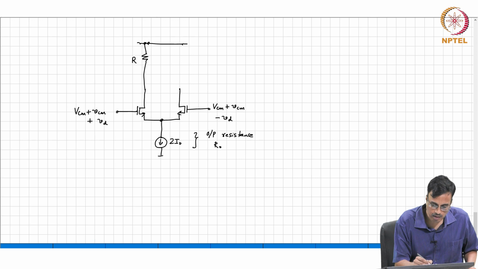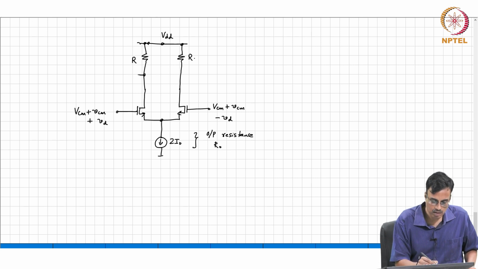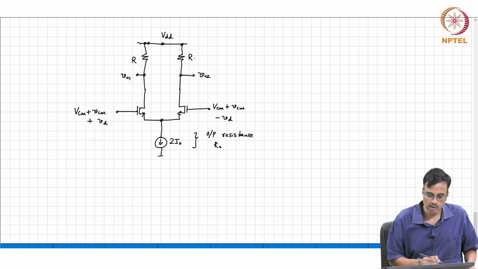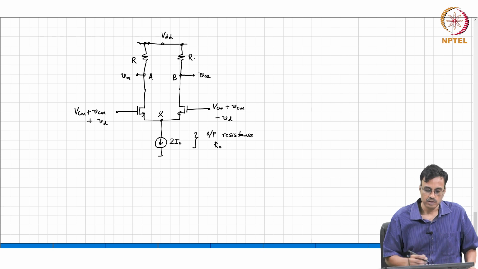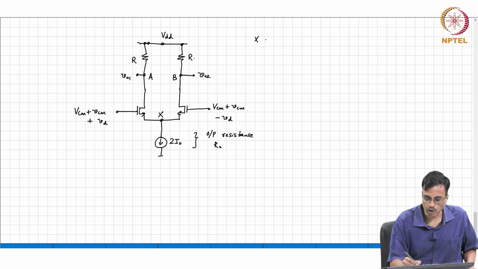The load resistors are R, connected to VDD, with outputs VO1 and VO2. Let us call the nodes A and B and X. So, the quiescent voltage at X is what?